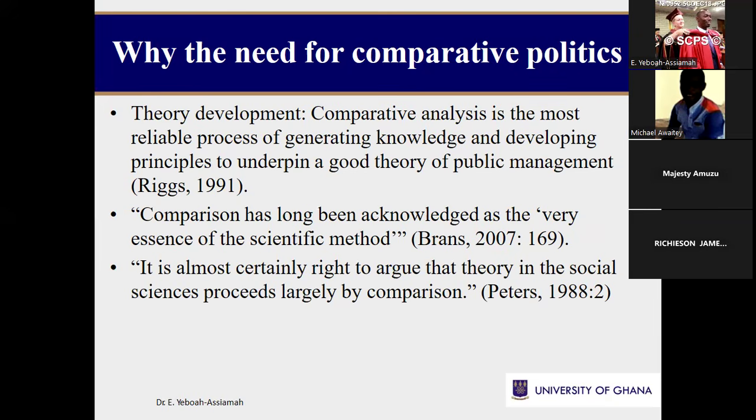A typical example of a theory is the relative deprivation theory. The relative deprivation theory comes from observing how many societies have come up, how many societies have crumbled over time, or their experiences.